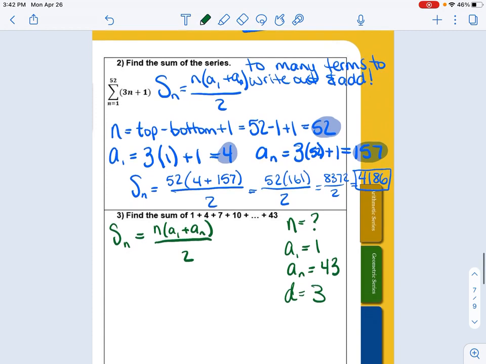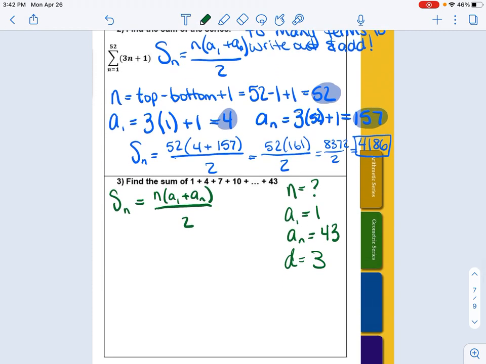Now I need you to think back to our arithmetic sequence formula. We're actually going to use that to solve for n, the number of terms, based on what we are given. So a sub n, our last term, is equal to 43. a sub 1 is 1. We're solving for n. We found the common difference of 3.